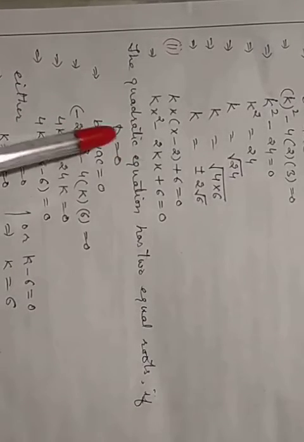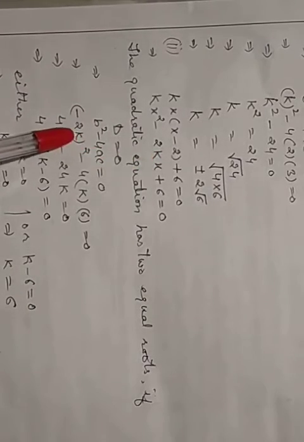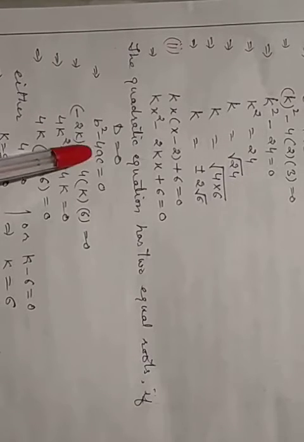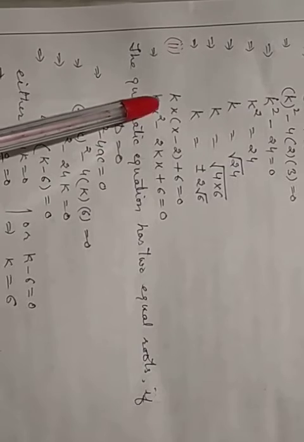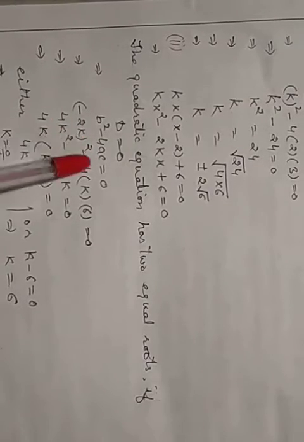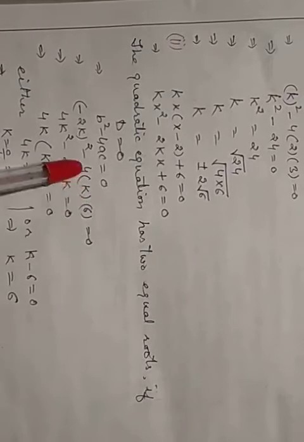Substitute the value here. If you substitute the value, b square means minus 2k square, minus 4a, a is k, c is 6, is equal to 0. Minus power 2, minus minus plus, 2 2s are 4, k square minus, multiply these, 24k is equal to 0.